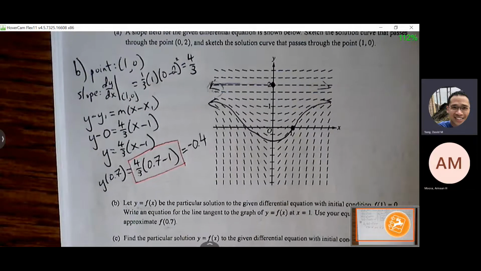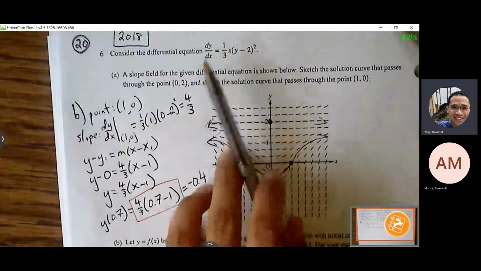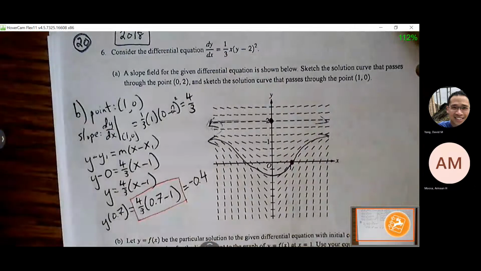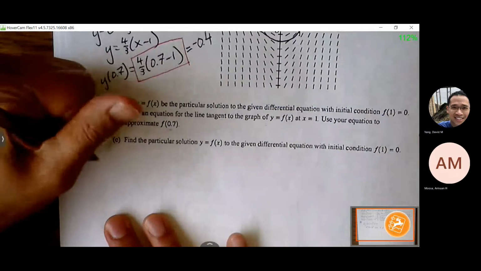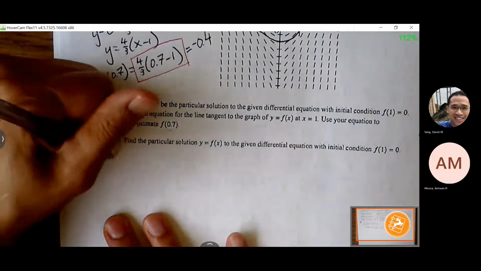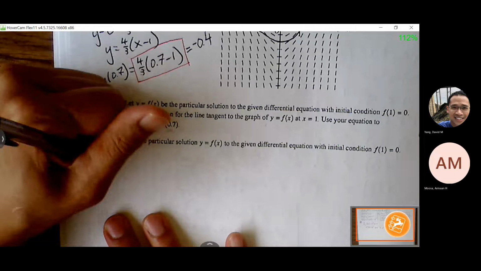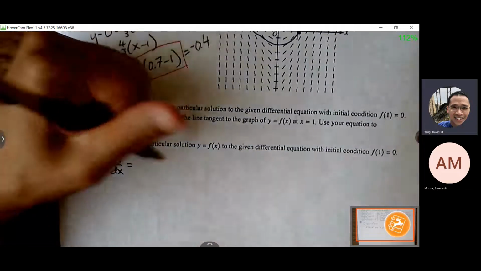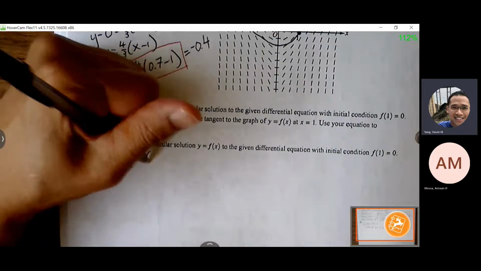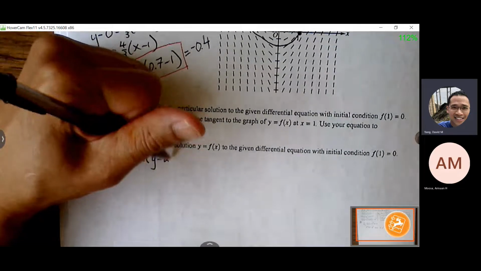Part C is where we're going to work towards solving this differential equation. So here's part C. I'm going to write this as a fraction so I can see the numerator and denominator parts clearly.